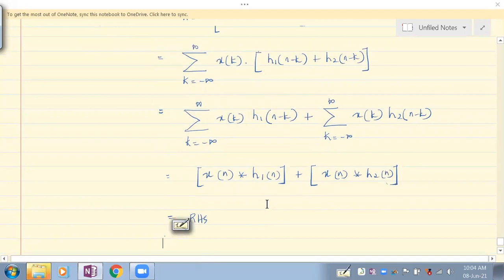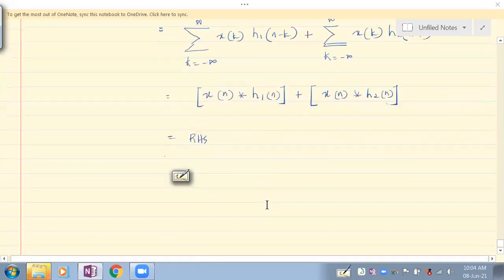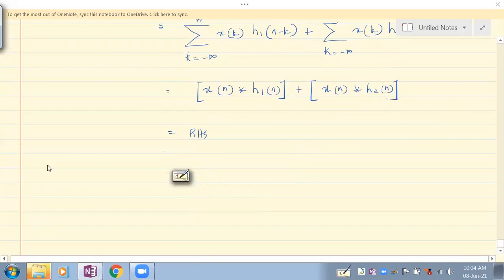Fine. So let's go with another property for which we don't have proof. Only for the first three properties we have proof, so let's only bother about that. The fourth property that we have is this. The convolution property says this: delta of n is an identity signal.